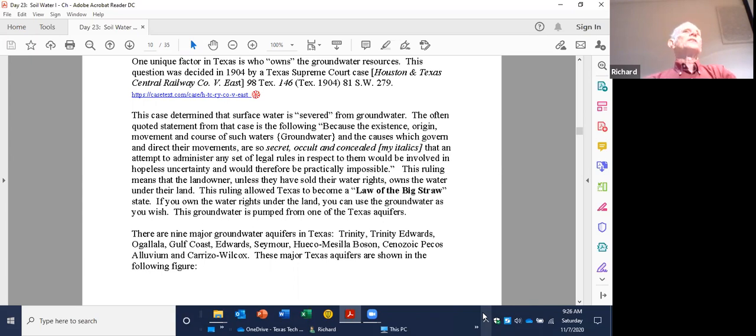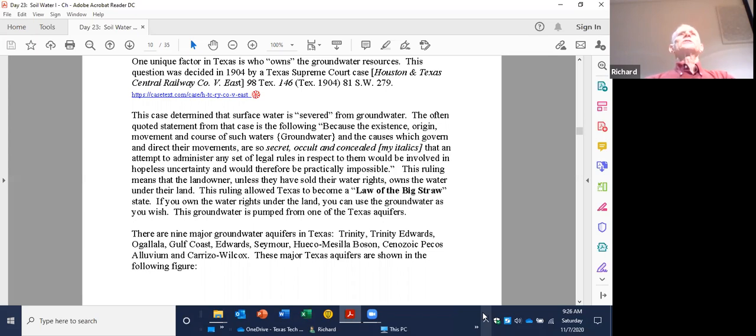And I think it's a unique statement, and that's why I'm going to read it. "Because of the existence, origin, movement, and course of such water," talking about groundwater, "the causes which govern their movements are so secret, occult, and concealed" (my italics) "that an attempt to administrate any series of legal rules with respect to them would be involved in hopeless uncertainty and would therefore be practically impossible."